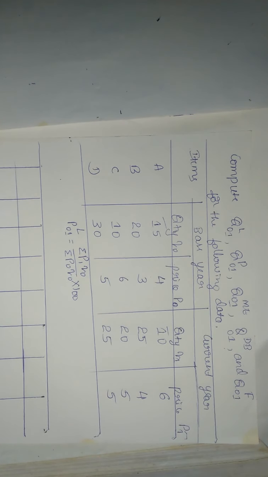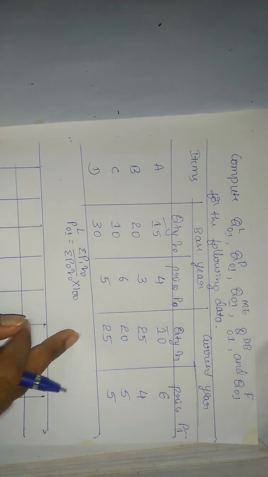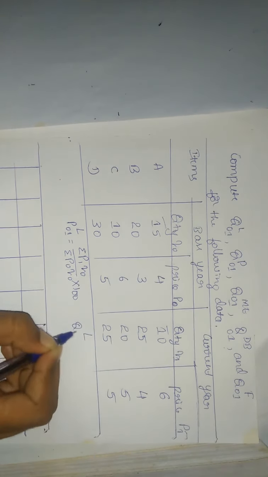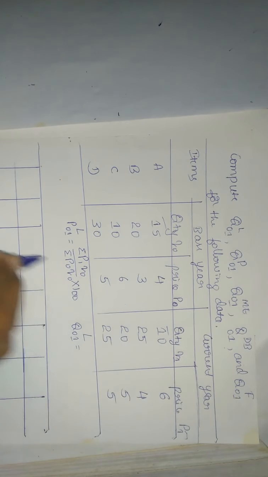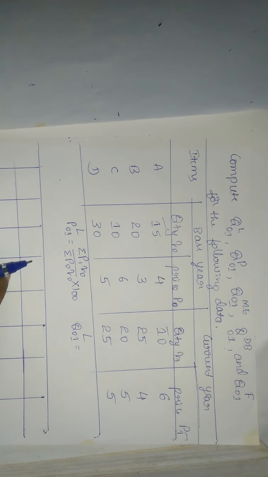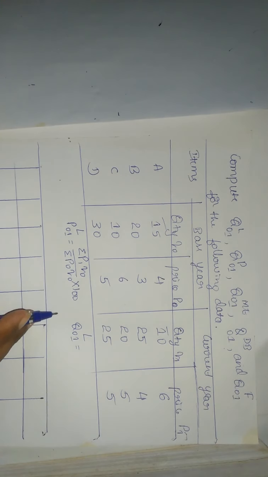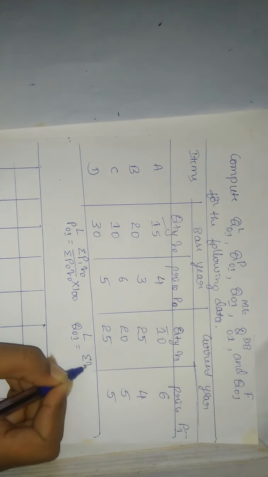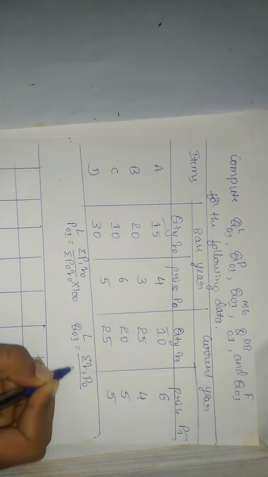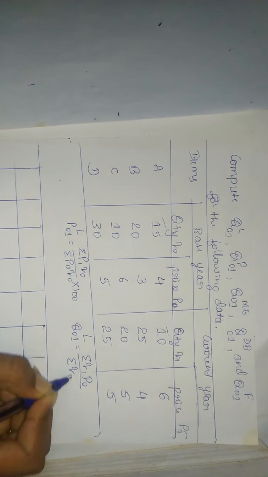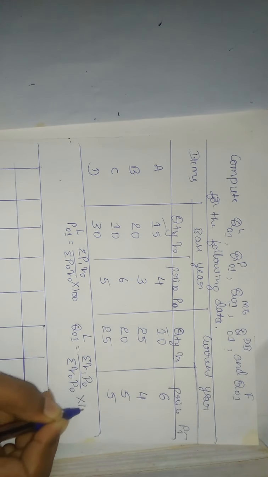Next, what is the next step? You have to write Laspeyres quantity index number. I am giving an example of how the formula differs between these two. Summation Q1 P naught divided by summation Q naught P naught into 100.